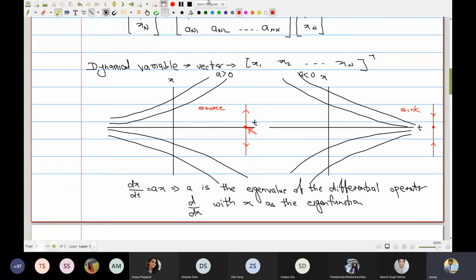So that was our equilibrium solution. Let me write this here as equilibrium solution, which comes from dx by dt equals ax equals 0, which means x is equal to 0, right?